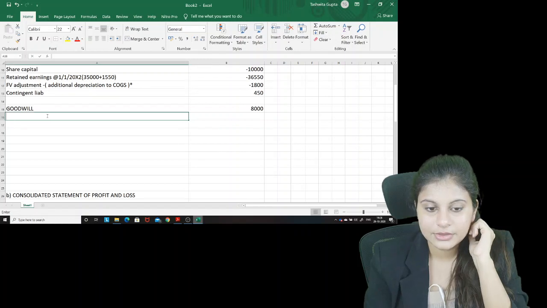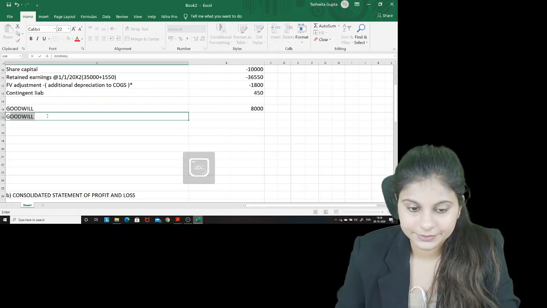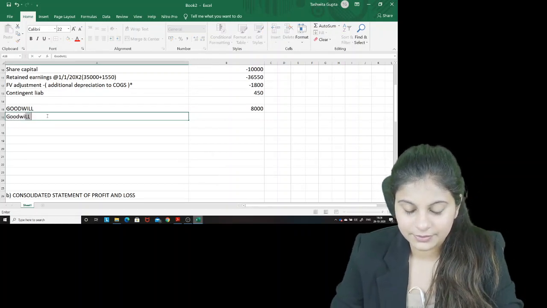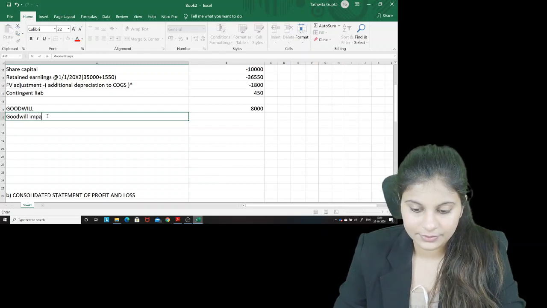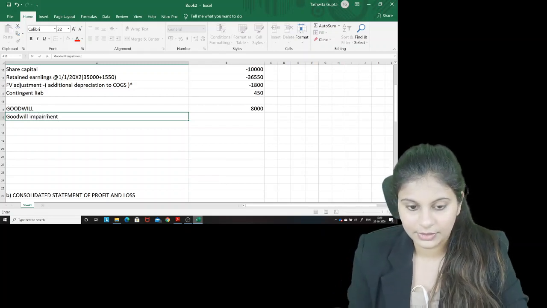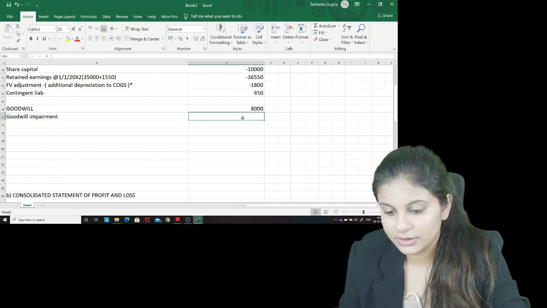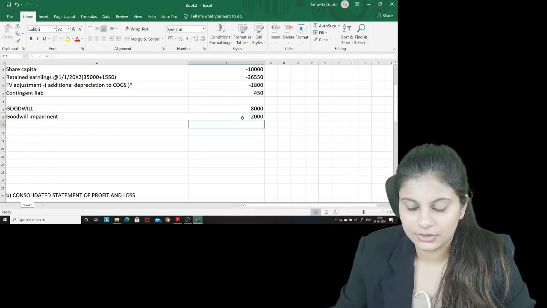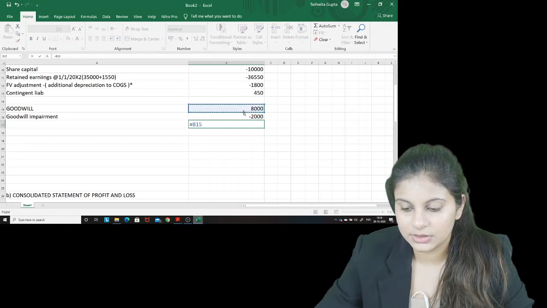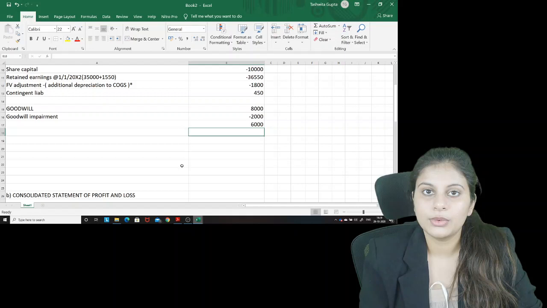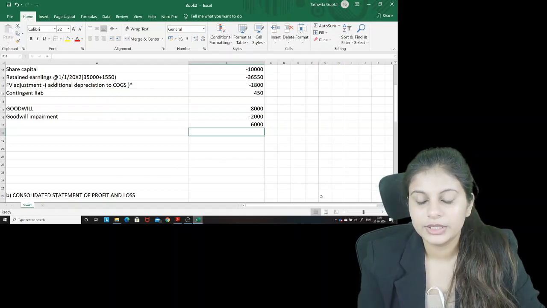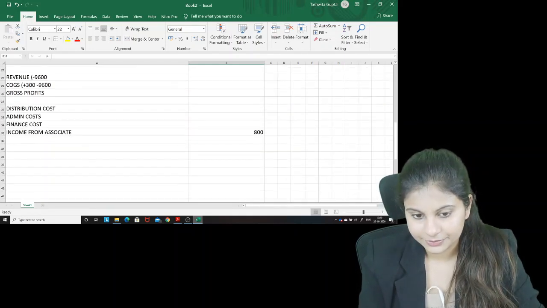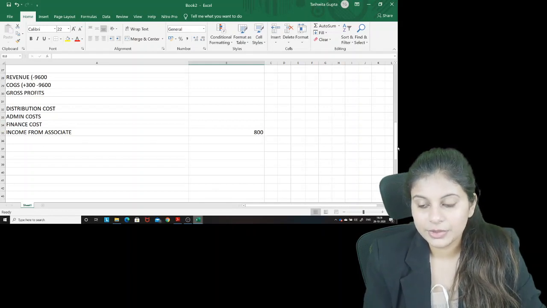Then we'll write here goodwill impairment. Deducted by 2000. So this will come out to be 6000, your goodwill, which will go to the statement of financial position. Okay, so income from associate is here and everything else is here.